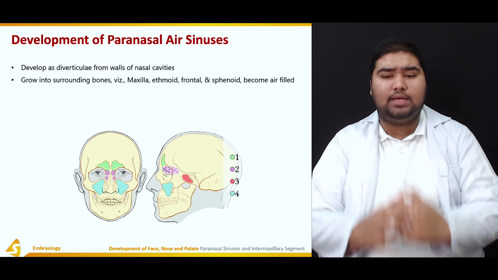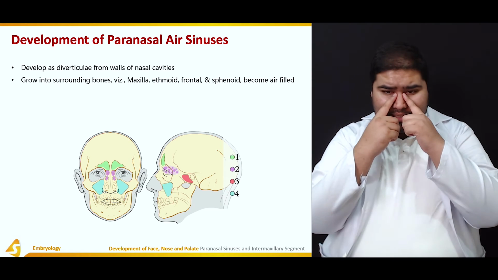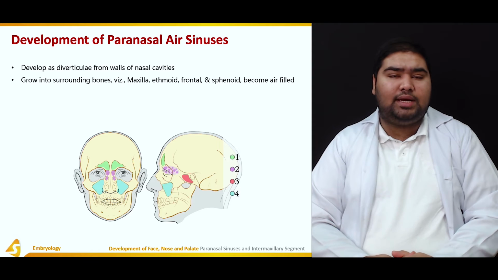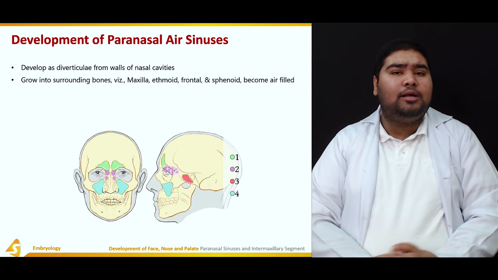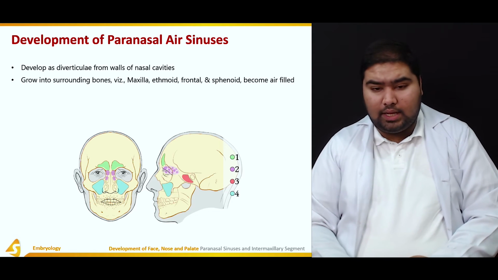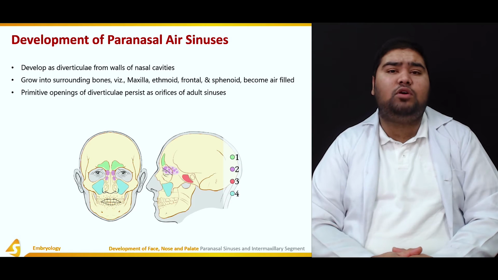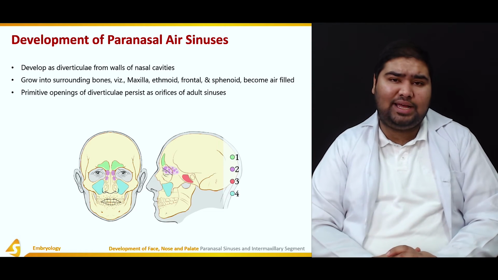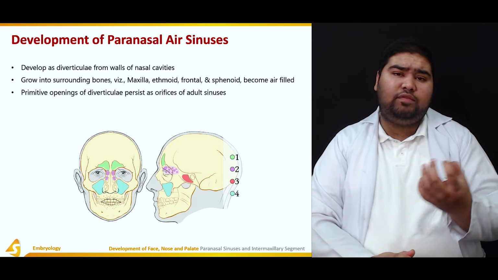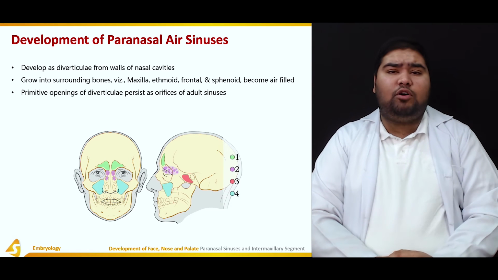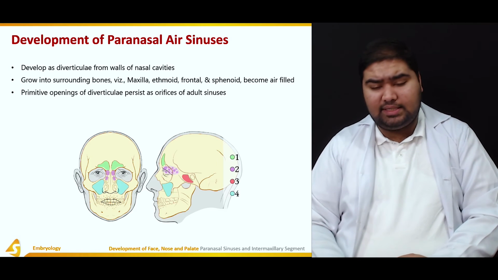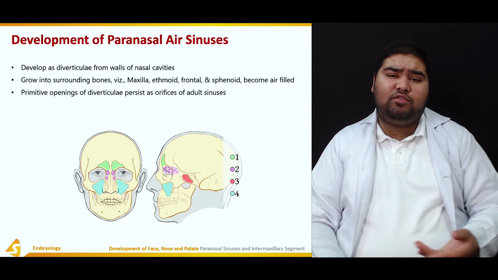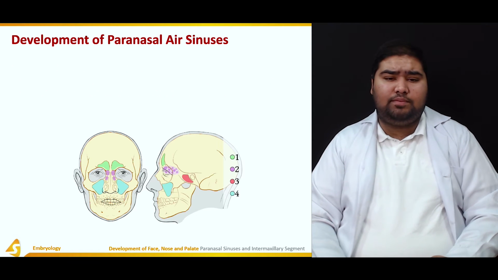So the maxillary air sinuses, the ethmoidal air cells, the frontal air sinuses, and finally the sphenoid air cells are formed. Now they become filled with air. The primitive openings of the diverticula form the orifices of the adult air sinuses. The lining is ectodermal in origin because it is developed from the nasal cavity ectoderm.